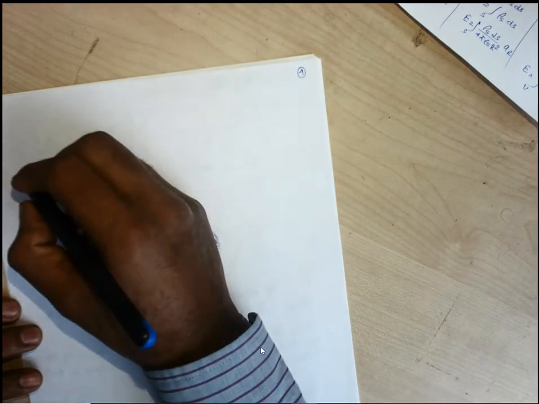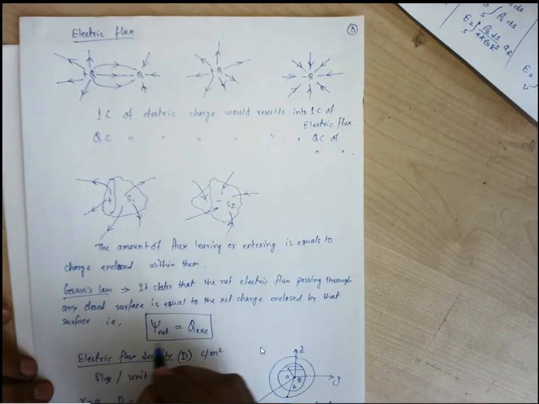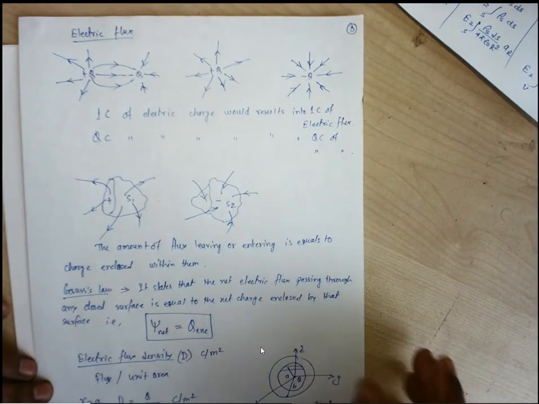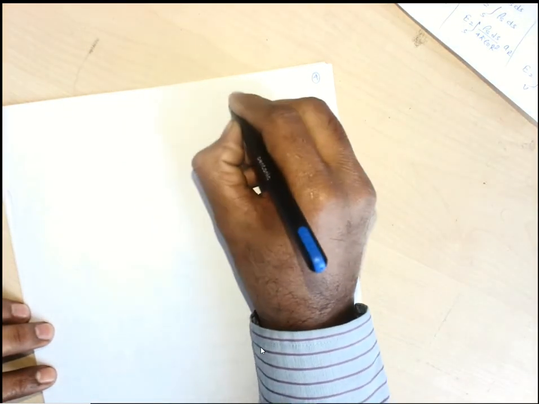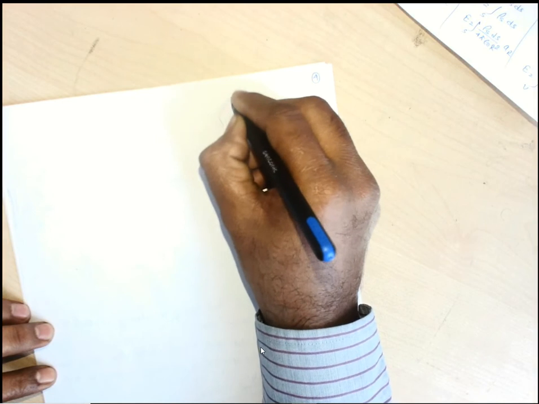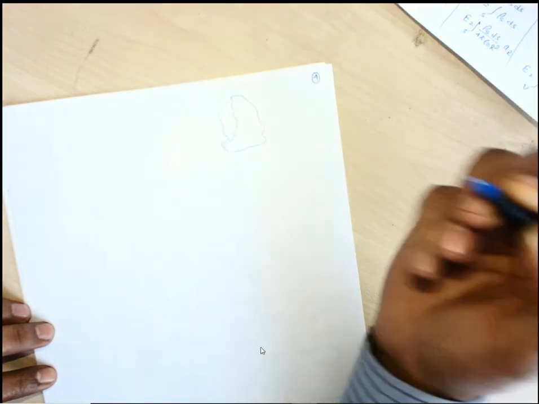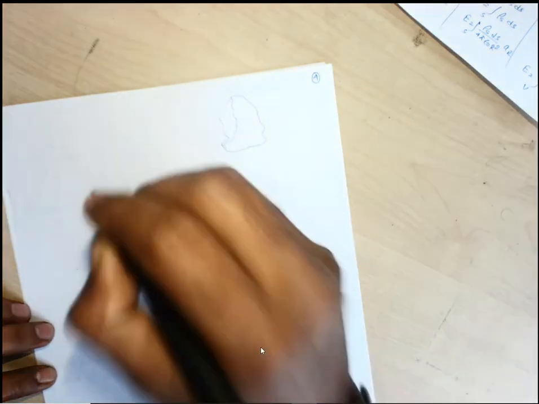Now we have seen this is the Gauss law, right? Next we are going to see this Gauss law in another form. So let us take an arbitrary closed surface like this, any arbitrary closed surface. It may have some area.